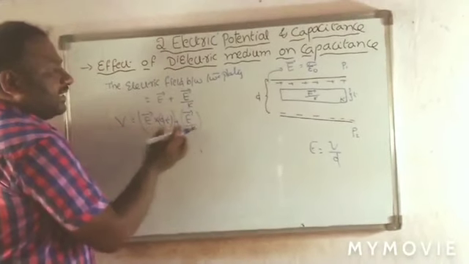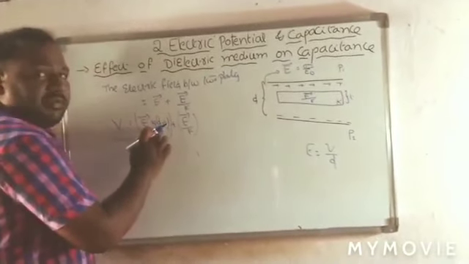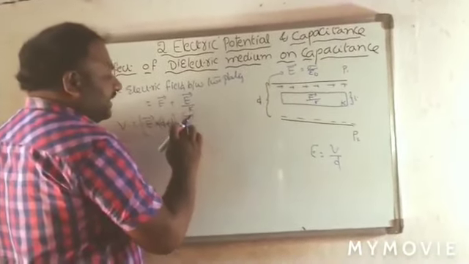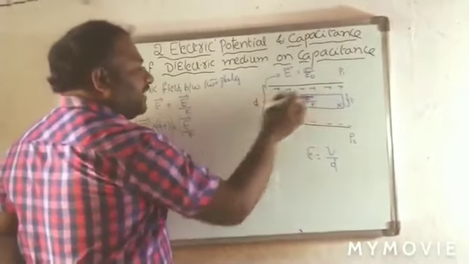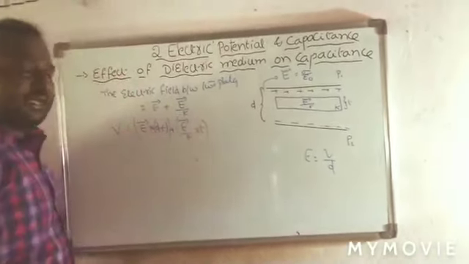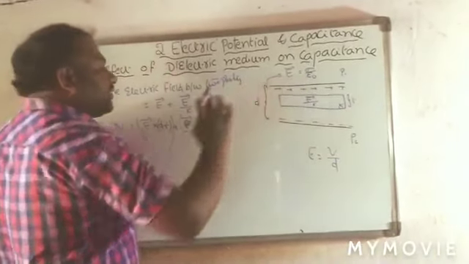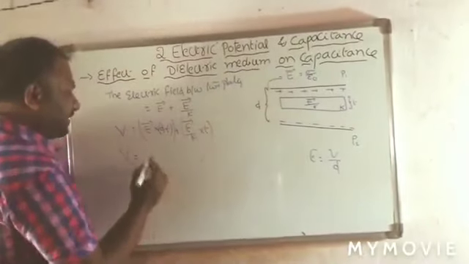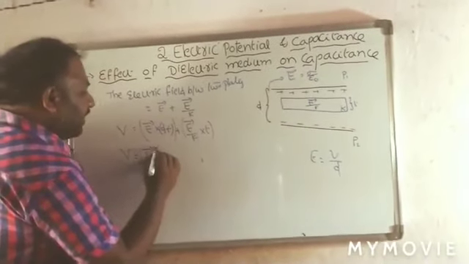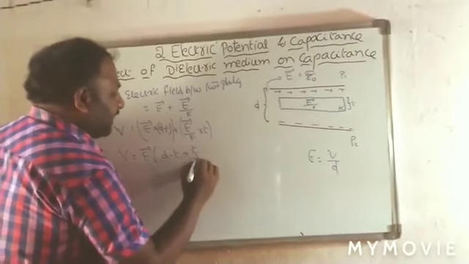The potential in the free space is the electric field E bar into d minus t, plus E bar by K, the electric field in the slab, into the thickness of the dielectric, t. So the potential between these two plates when the dielectric slab is placed is E bar into d minus t plus t by K.